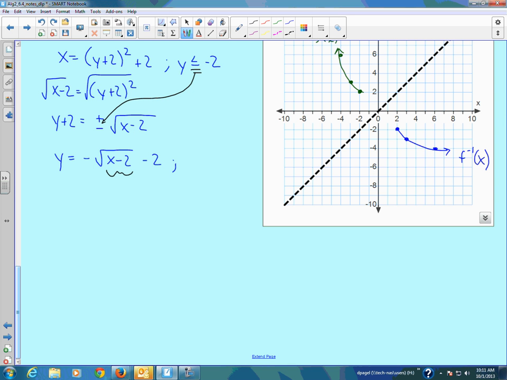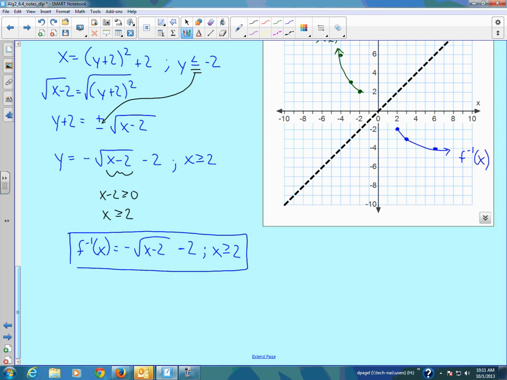So I'm going to set this up to be greater than or equal to 0, which means x's must be greater than or equal to positive 2. And that needs to be included as part of my inverse. So the inverse function is negative square root of x minus 2, minus 2, with a restriction on the domain of x being greater than or equal to 2.